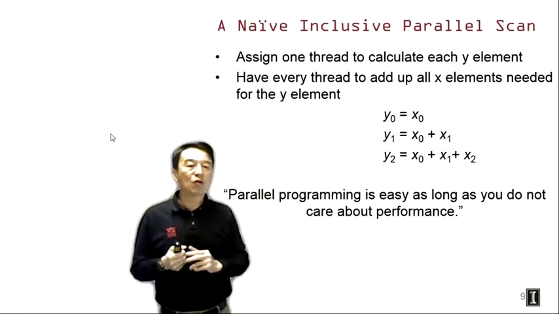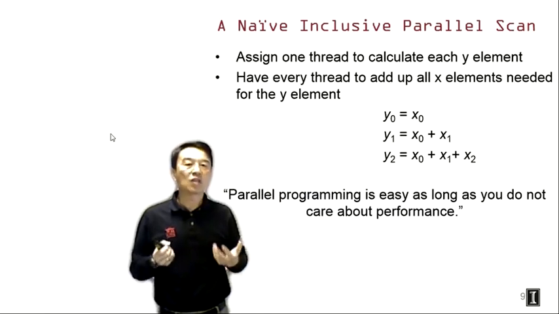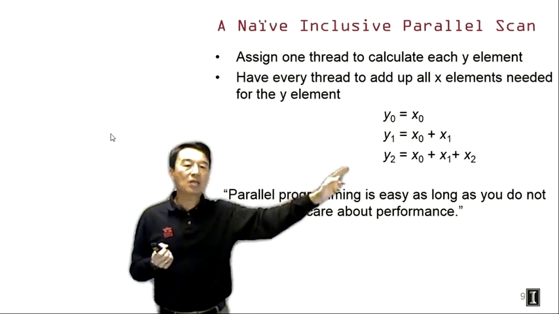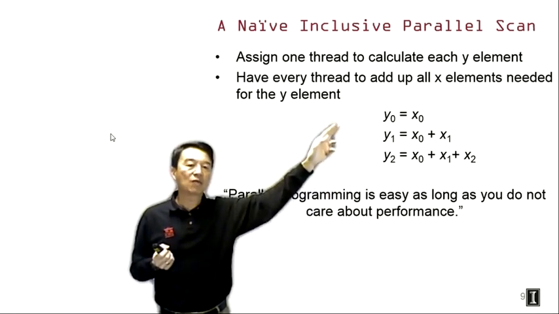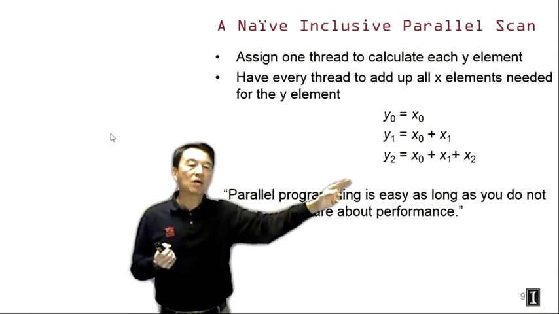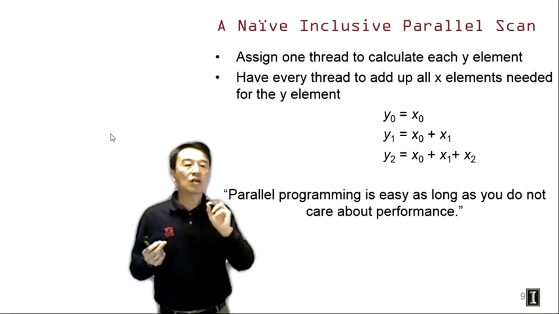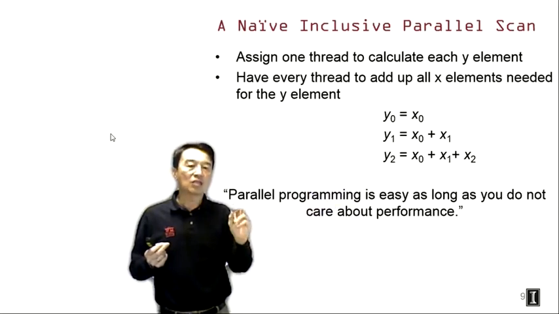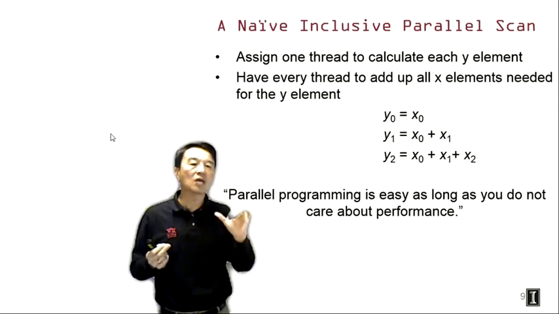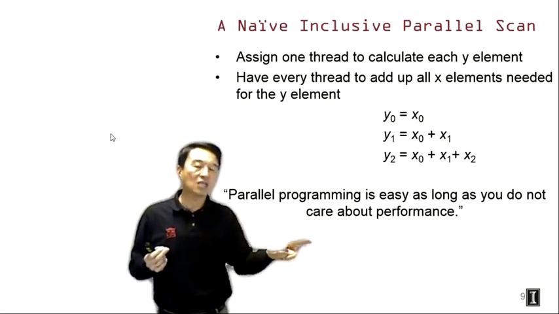But if you look at this algorithm and think about it a little bit, it is truly naive. It's actually ridiculous, because if we do this algorithm, when we come to yn-1, it actually needs to do all the additions that the sequential algorithm would be doing. That single thread is going to be doing all the additions of all the x elements.